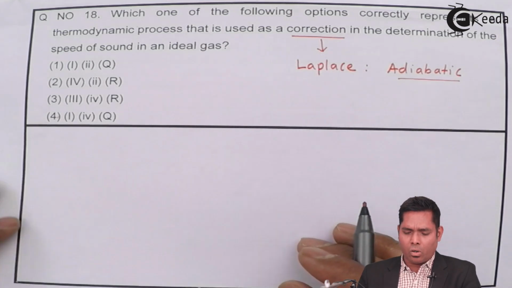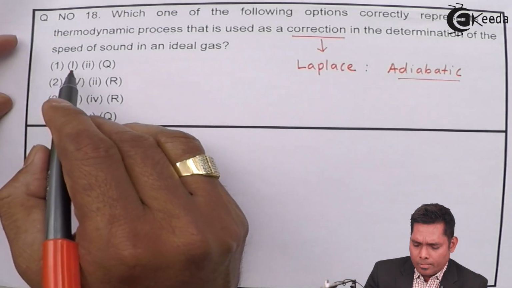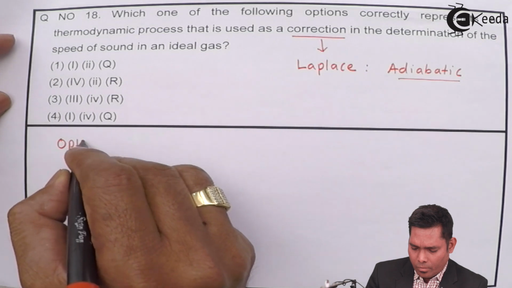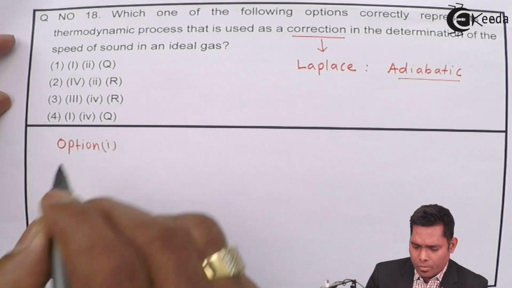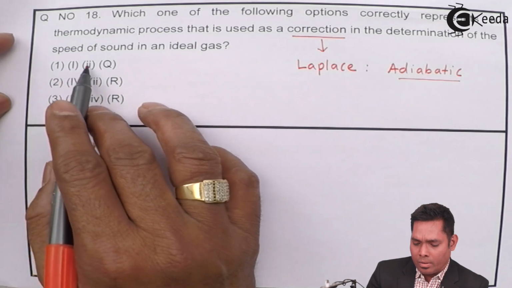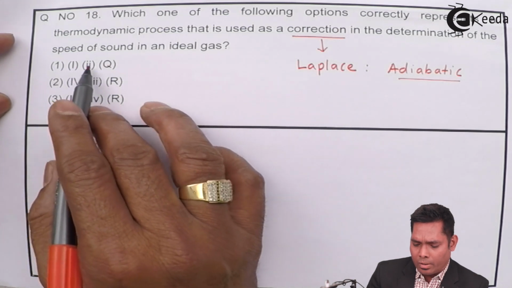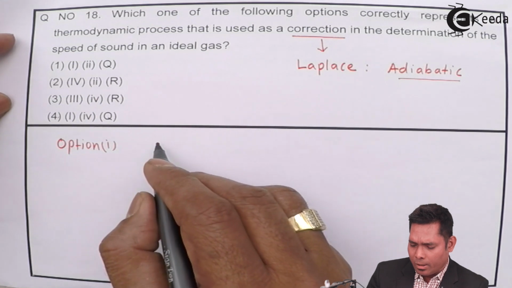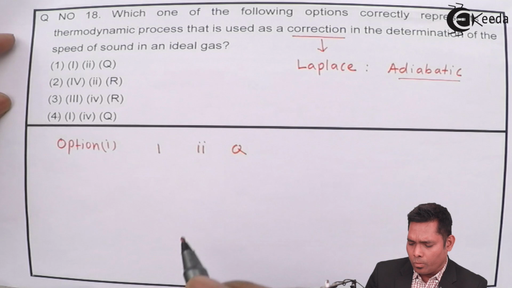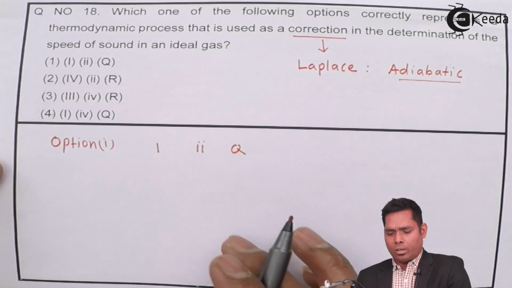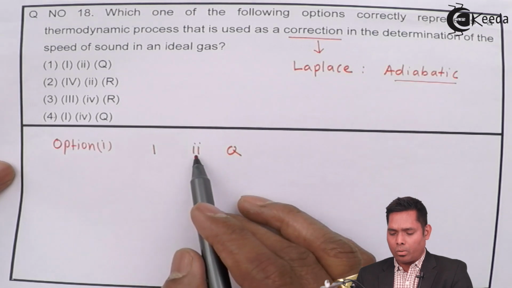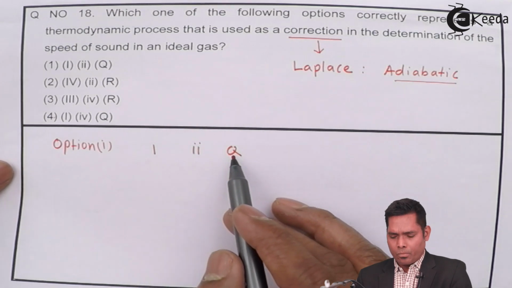If I see option number 1, option 1 talks about 1, 2 and Q. 1 is from column 1, 2 from column 2 and Q from column 3.